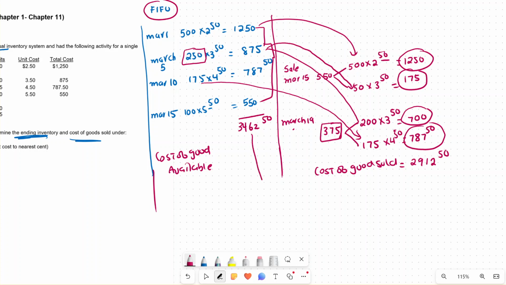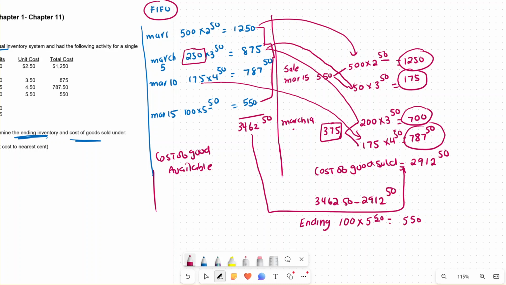The cost of goods available minus cost of goods sold gives me the ending inventory, which is 100 units at $5.50, or $550. You could also do 3,462.50 minus 2,912.50, which gives you 550.